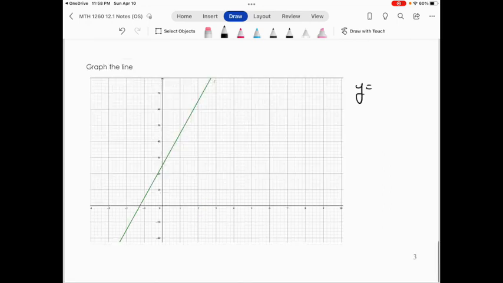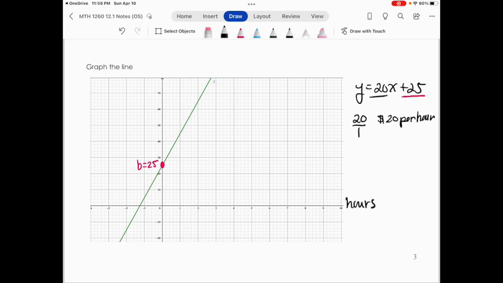Okay, so the equation of our line is y is equal to 20x plus 25. So if I graph this by finding the y-intercept first, which is my 25, that's going to be my starting point. At x equals 0, b is equal to 25. And then I use my rate, which is 20 over 1, or $20 per hour.